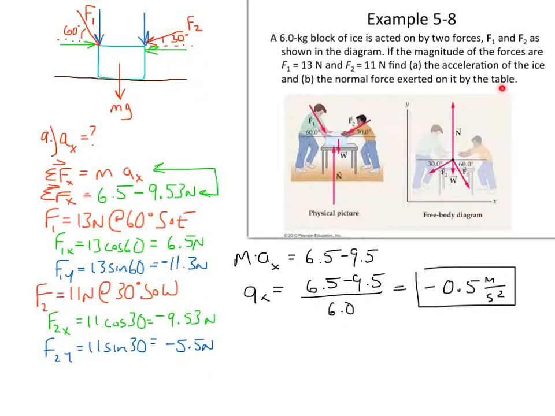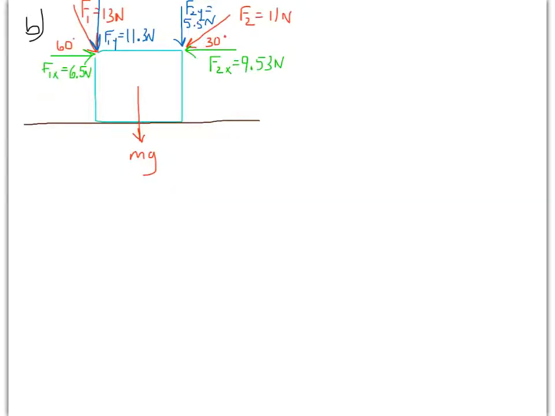So, in this example, not until now have we really even addressed the idea of the normal force. What we're being asked to find is, what kind of force is being exerted upwards by the table? I'm going to draw this in black so that it stands out a little bit. But we've got a bunch of forces acting downwards. We've got the y component of force 1.